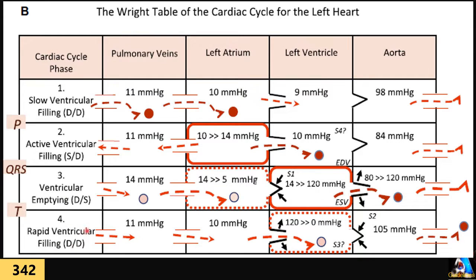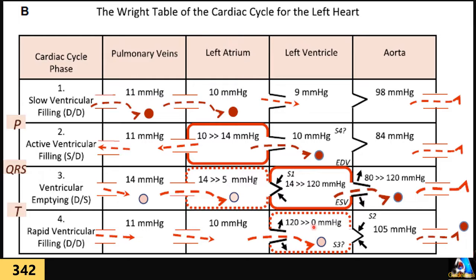During rapid filling, right after the T wave, both the atrium and ventricle are in diastolic phase, or relaxation. So pressure in the pulmonary vein is a little higher than in the left atrium. Blood goes from the pulmonary vein to the left atrium, and left atrium pressure is higher than left ventricle pressure because of diastolic relaxation.